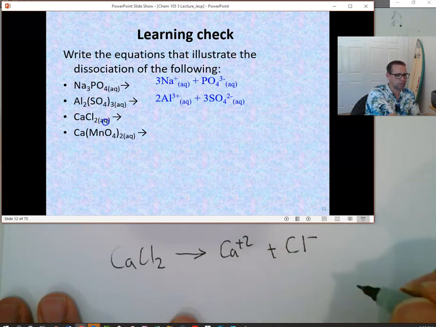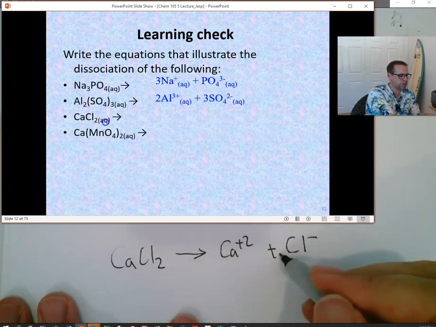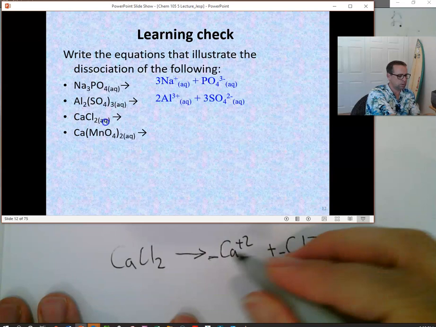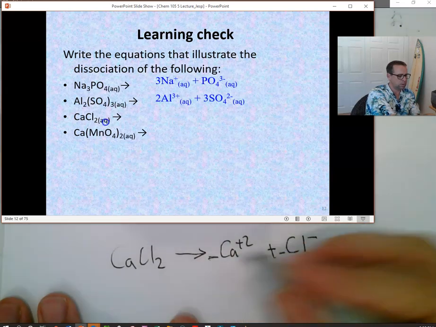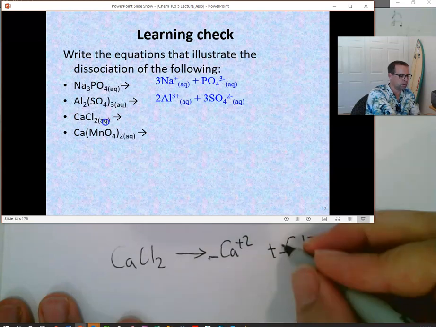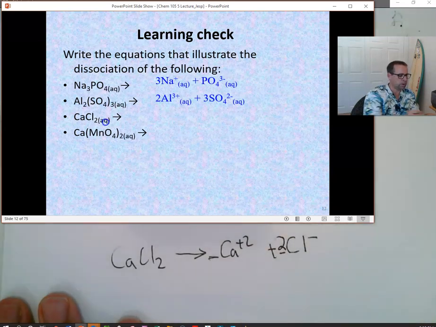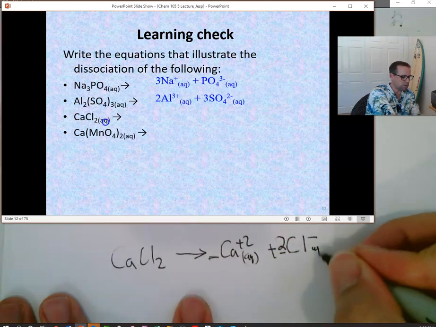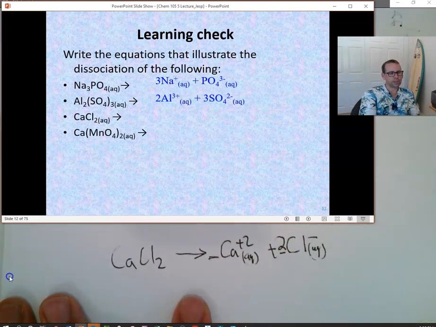Chloride, good. Minus 1. Very good. Do we need any coefficients in front of either of these? Isn't there 2 chlorides? Very good. That's right. And then we write our aqueous like that. Okay, excellent.